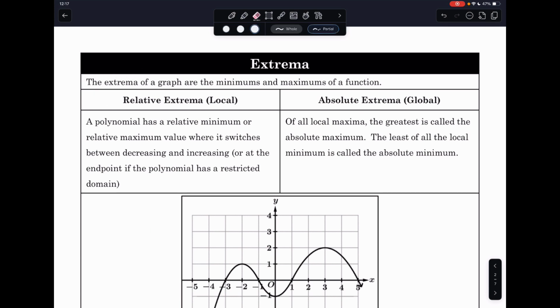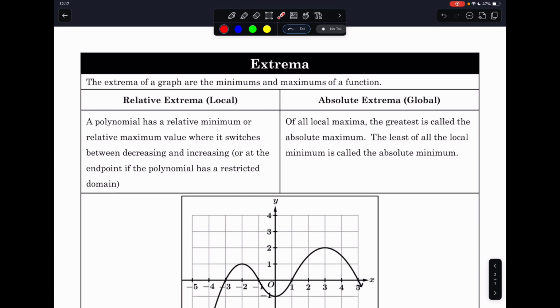Well, those extremas can be classified into two other categories. They could be referred to as relative extremas, which is a relative minimum or relative max, or an absolute extrema, an absolute minimum or an absolute max. And that's what we're going to review today.